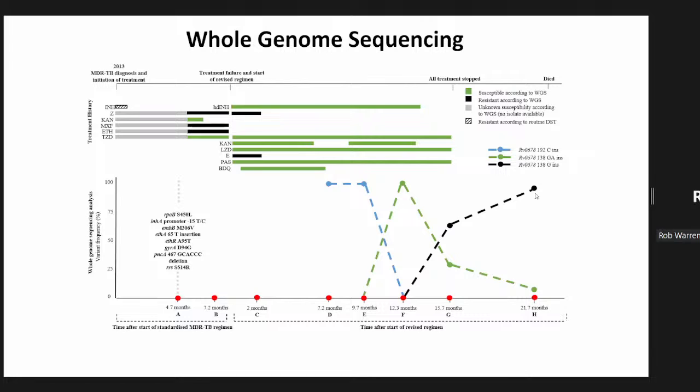And the question really was, are these mutations actually conferring resistance? So we did the phenotypic drug testing. As you can see here, the patient was susceptible to bedaquiline, and there the resistance is. So therefore giving us confidence that these mutations were actually conferring resistance.